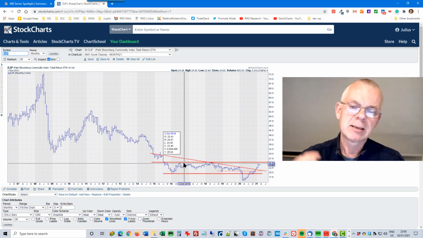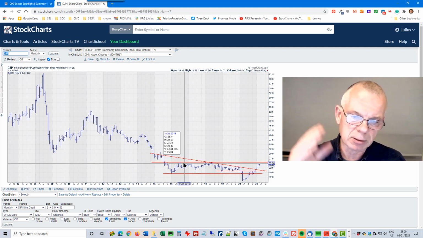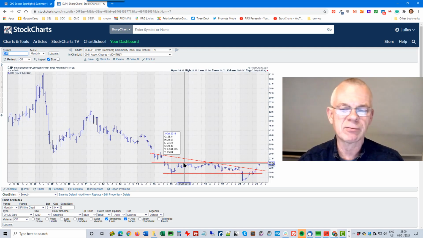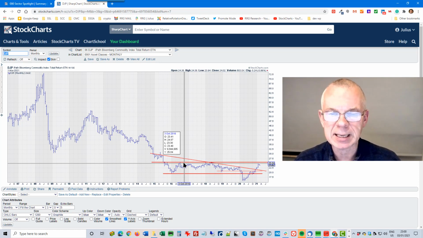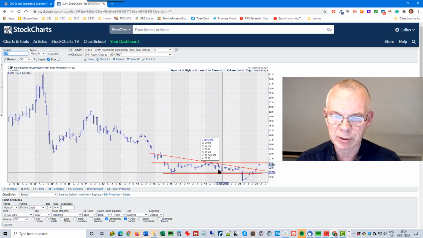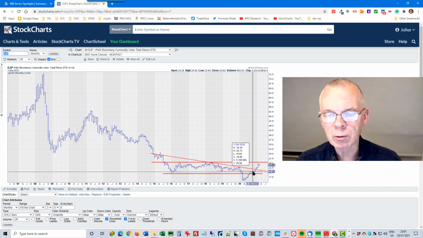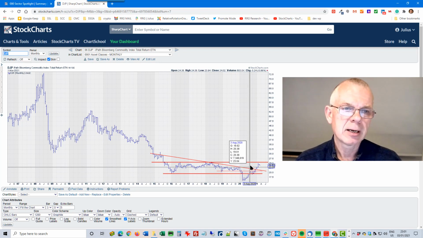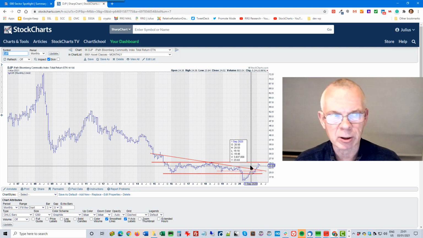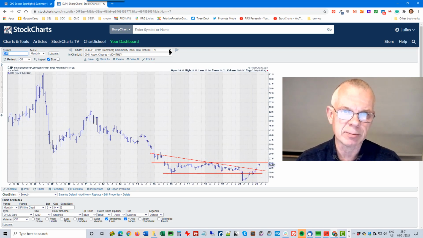That pattern is now reversing. It looks as if we're reversing a very long-term downtrend into what could be the very beginning of a very long uptrend. But I do think that with this taking out of long-term resistance, we're now in a situation where declines are buying opportunities in the commodity market.